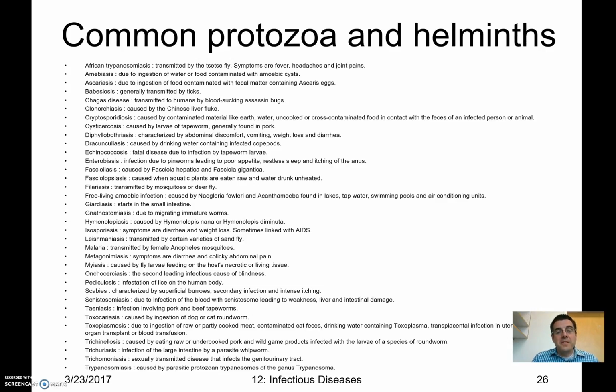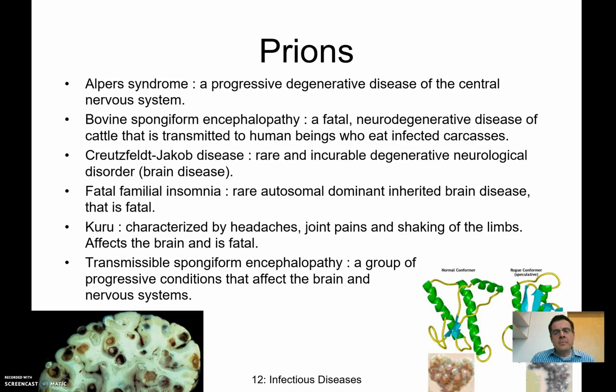If you are interested in learning more about these, I do recommend that you take the communicable disease course. I also throw prions into this, and you won't find this in the textbook, but prions are not necessarily a microorganism, though they are infectious in nature.